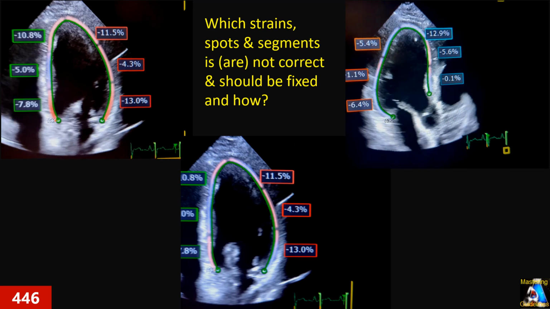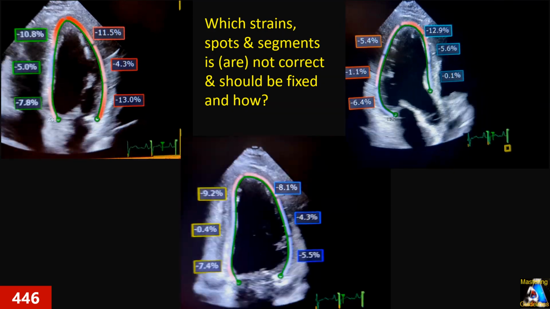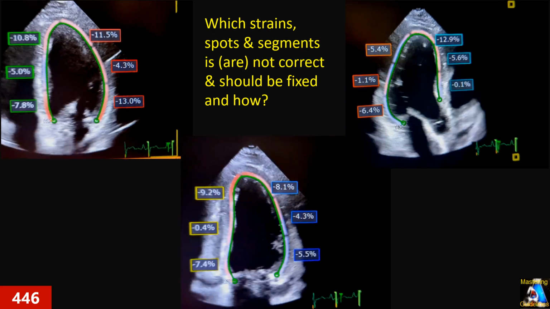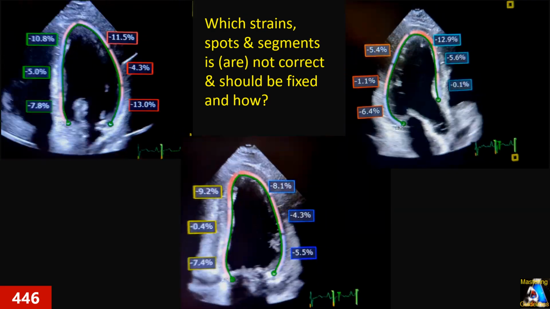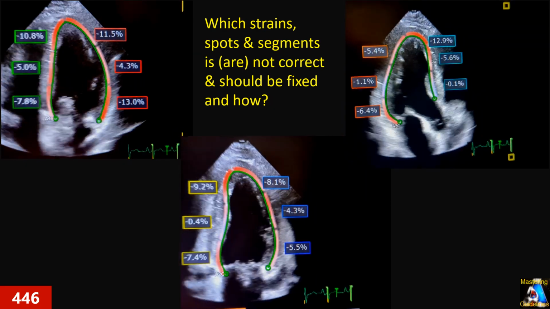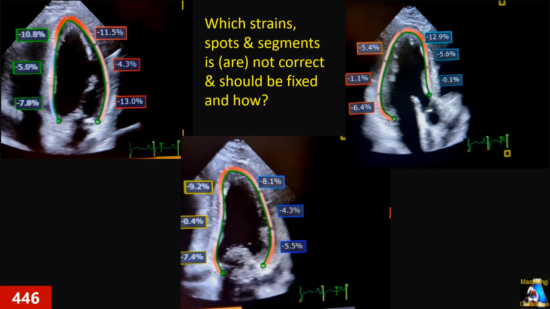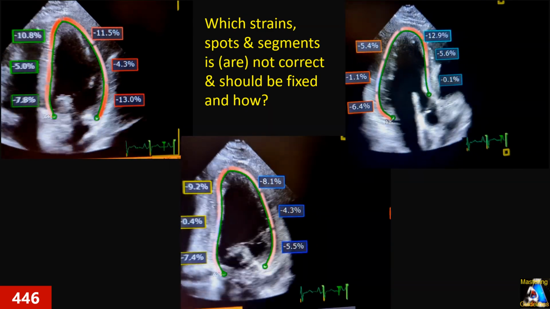Hi everyone. Here we have strain. Some of you asked about how we adjust it and how we know whether our strain is correct or not. In this lecture, I am going to give some examples of how we fix it and how we find out whether it is wrong or right.